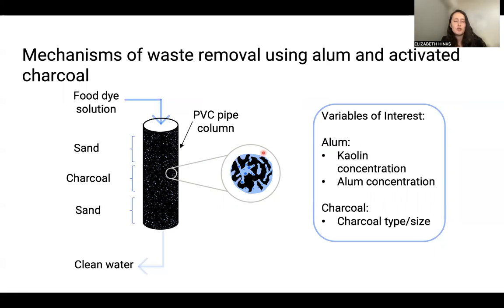In this experiment, we use a PVC pipe and we packed it with charcoal sandwiched between sand to hold it in place. We used food dye to simulate the various types of organic molecules that can be found in wastewater. We measured its optical density before the elution took place, and then after 30 minutes of elution through the column, the optical density of the resulting clean water was measured again.